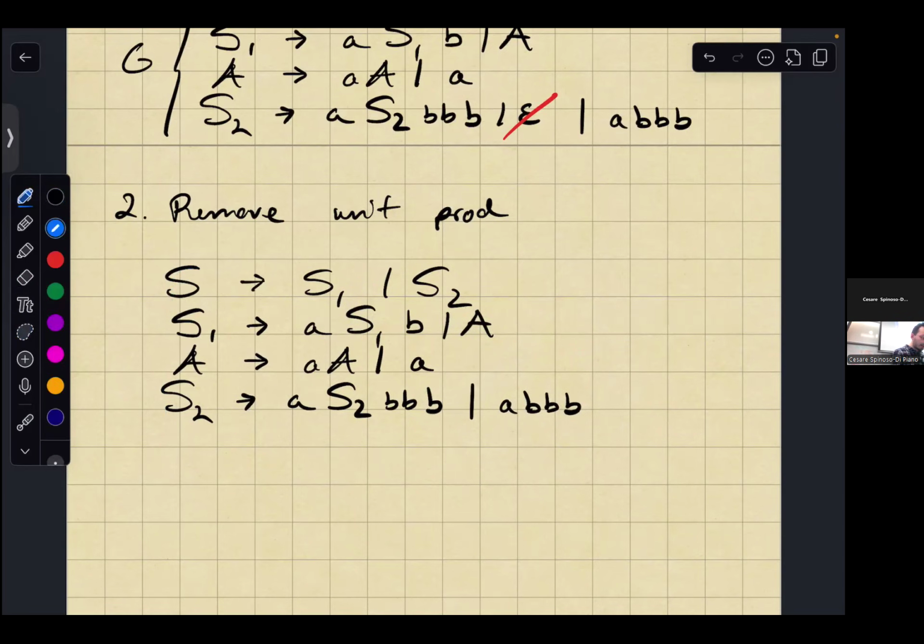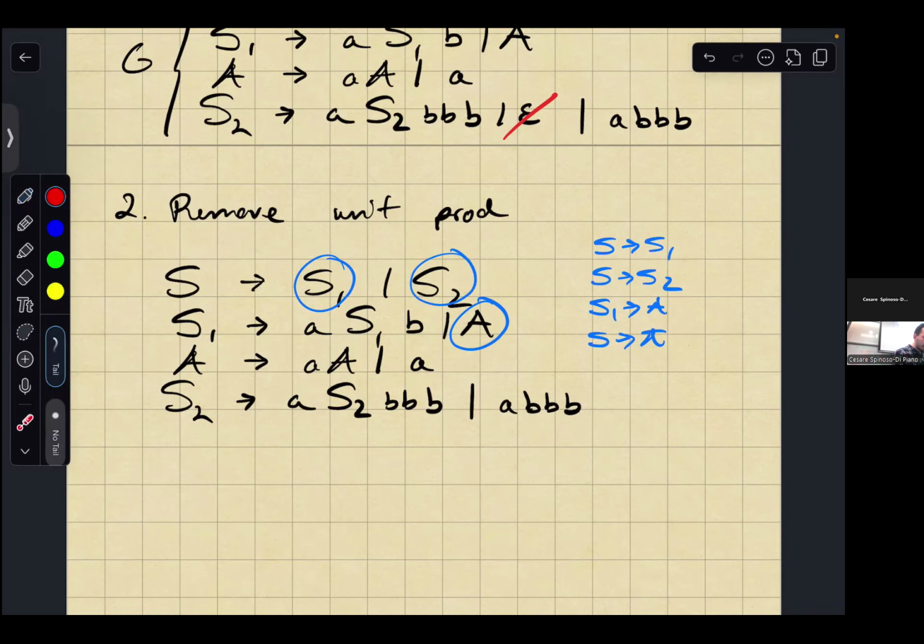I have a couple: this one, and also this one. So what I need to account for is S going to S1, S going to S2, S1 going to A, and also S going to A. Don't forget this intermediate one: I also want to add the productions for A, because S can go to A by jumping through two production rules.